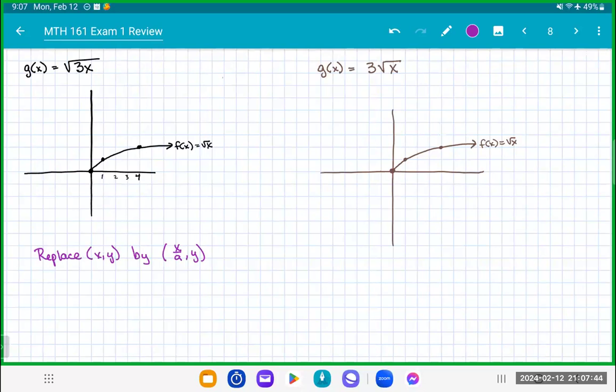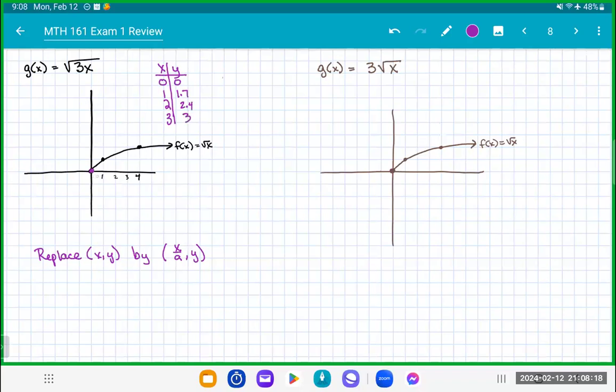Sometimes students don't feel as comfortable with these sort of transformations. So if you don't use that, it's also 100% okay if you just build out a table, your x, y, like we kind of did in class, and we look at 0, 1, 2, and 3 here. And then when we plug those into our equation, we end up with 0, 1.7, 2.4, and 3.